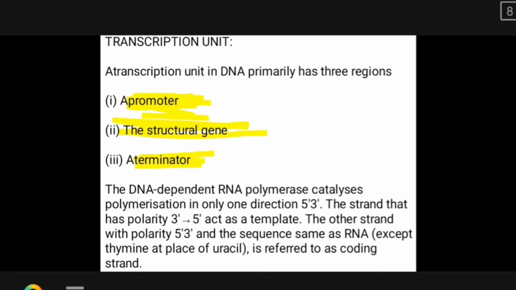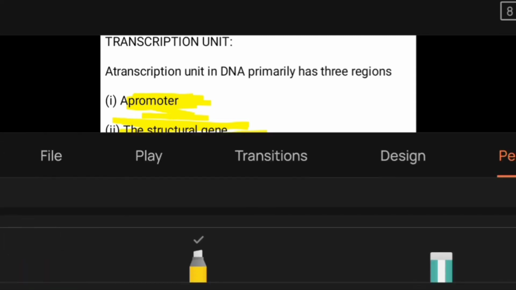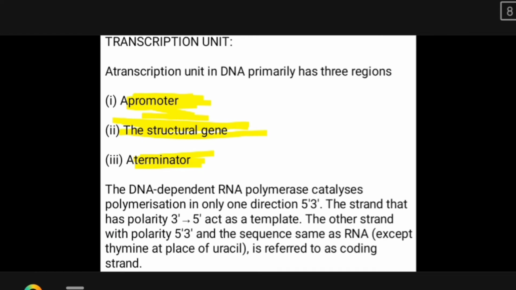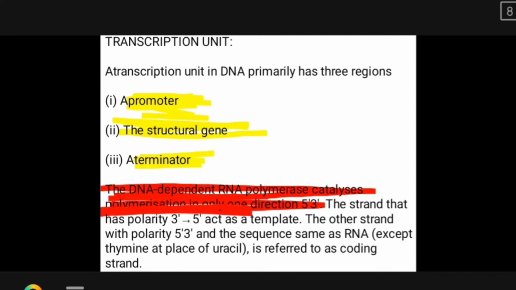The DNA dependent RNA polymerase catalyzes the polymerization only in one direction, that is 5' to 3', just like the DNA dependent DNA polymerase.